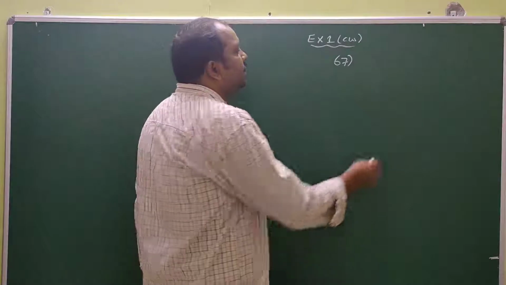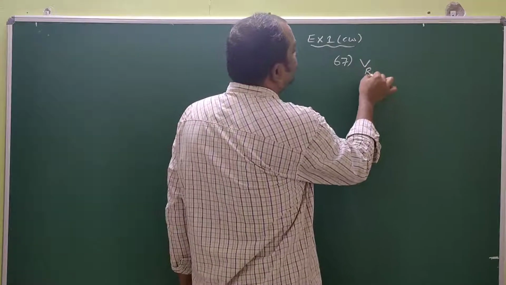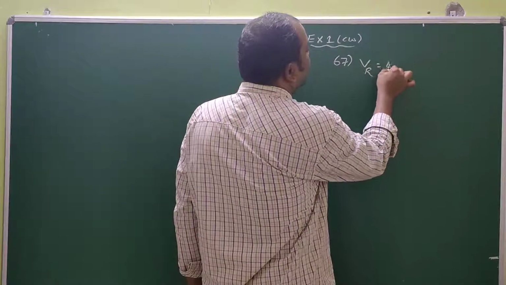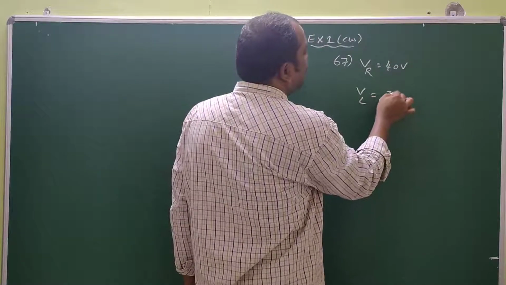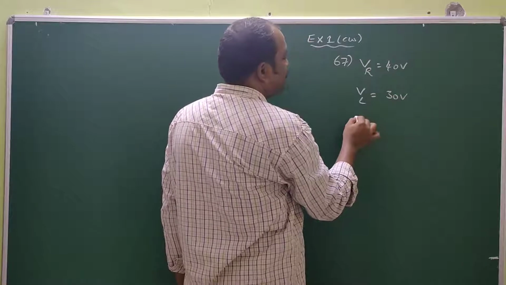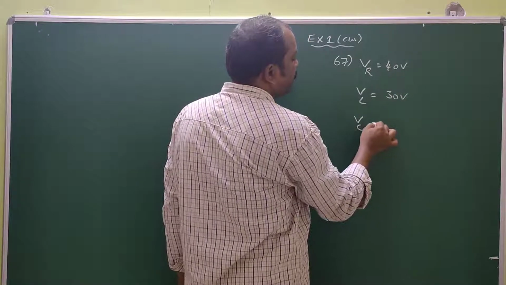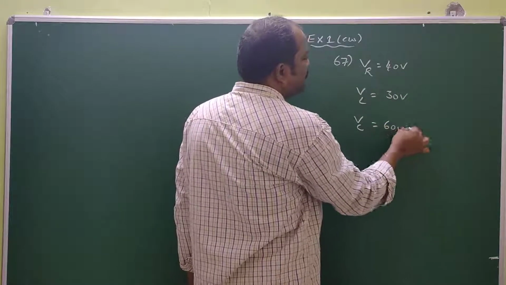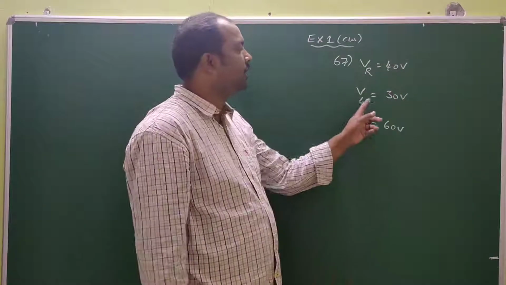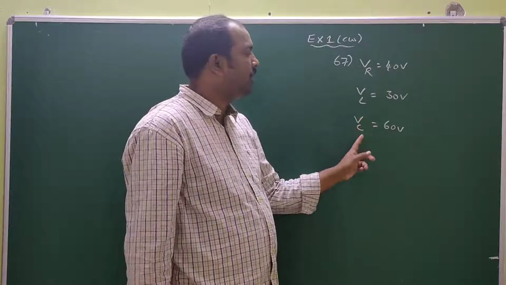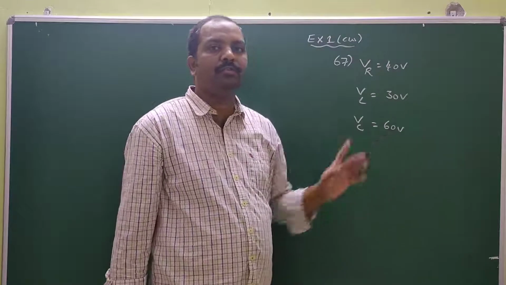So in a circuit, a resistor, an inductor and a capacitor are connected in series to an AC supply. The potential difference across the resistor is found to be 40 volt, across the inductor 30 volt and across the capacitor 60 volt.